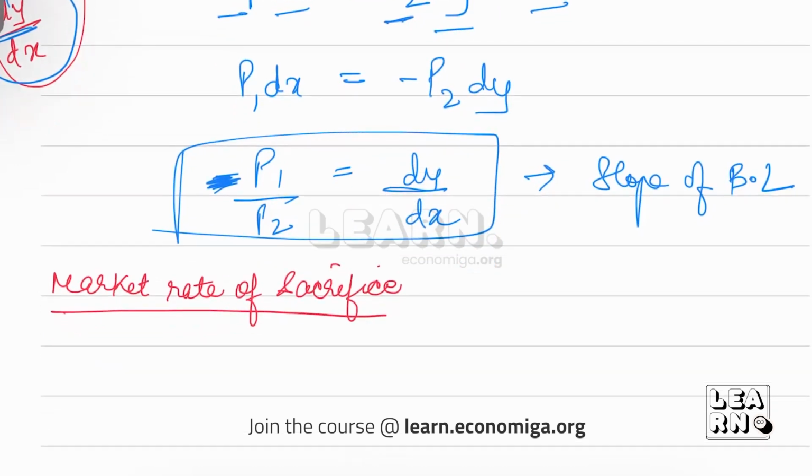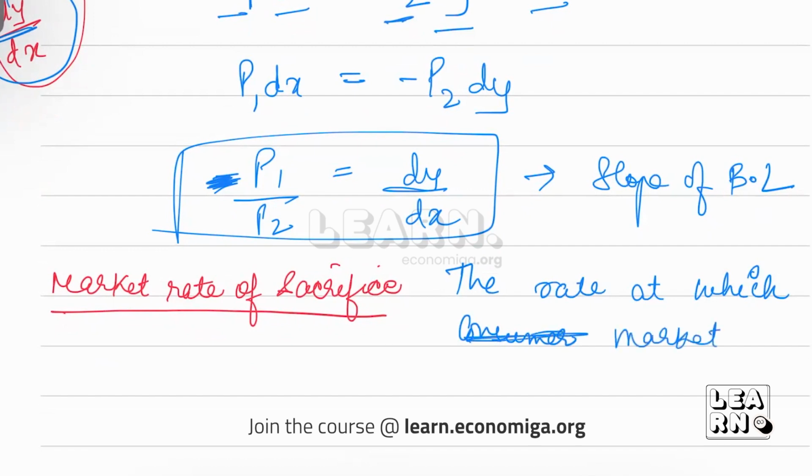So it gives you the rate at which the market allows the consumer to substitute one good for the other.